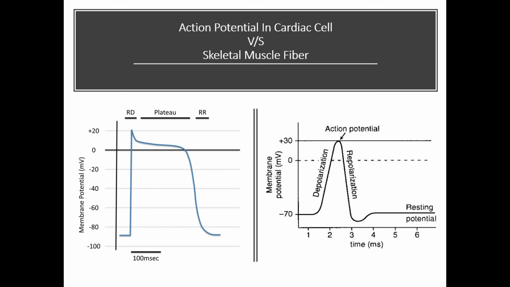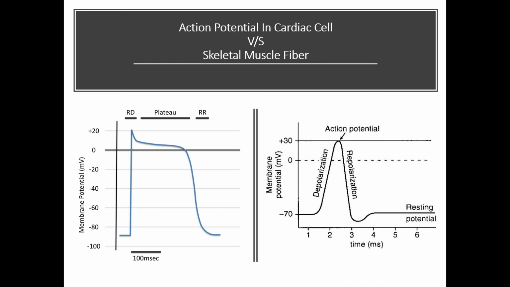Here is the action potential in two types of cells, cardiac cells and the skeletal muscle cells. This is the ventricular muscle membrane and this is the skeletal muscle membrane. In the cardiac muscle, you can see there is a rapid depolarization, then an initial repolarization phase.